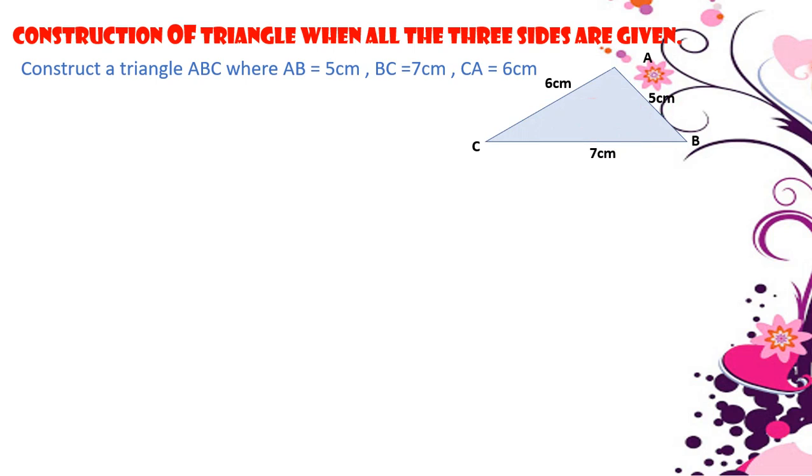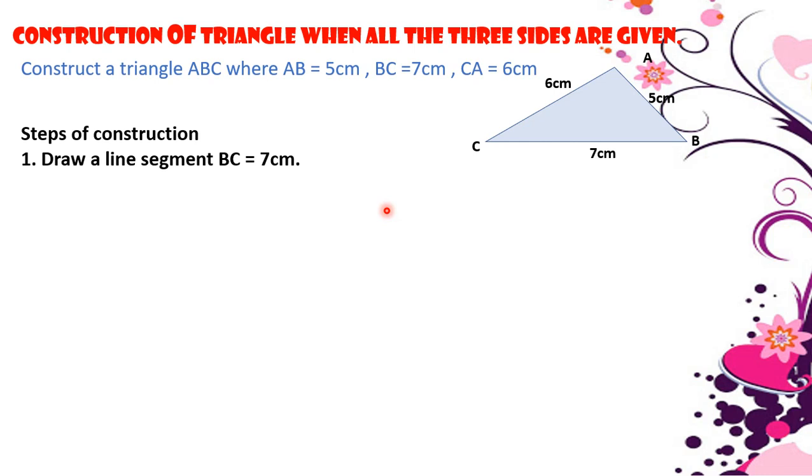As you observed, this is the rough diagram of the construction, where all three sides are of different measure. Here, if we take BC as a base, then we can construct the other two sides. Anyway, we can take any one side as a base and then construct the other two sides. So let's take BC as the base.